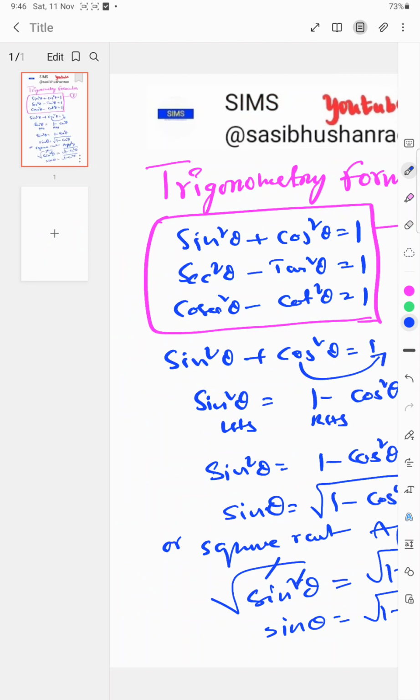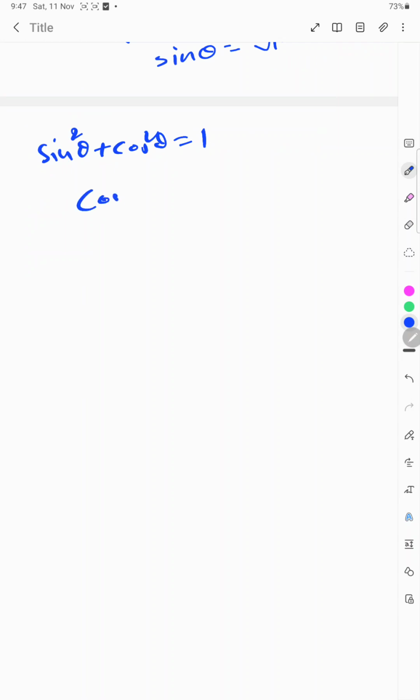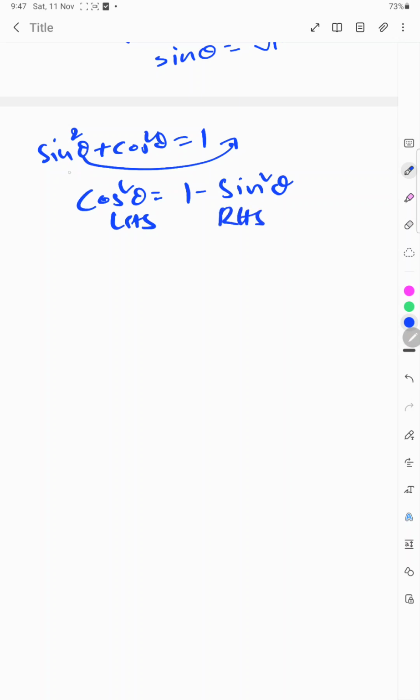Second one, now sin square theta plus cos square theta is equal to 1. Now we find cos theta. So cos square theta is equal to 1 minus sin square theta, because sin square theta from this side goes LHS to RHS, plus sin square theta changes to minus sin square theta.